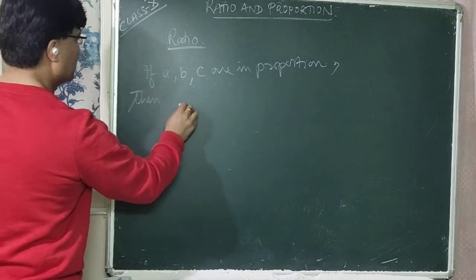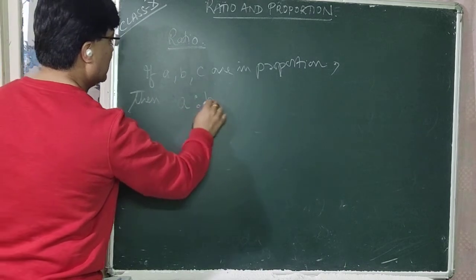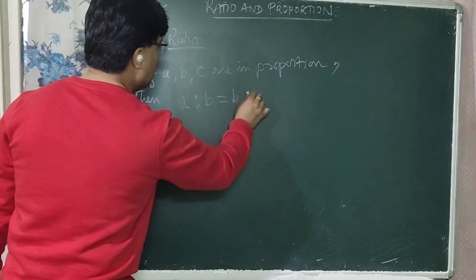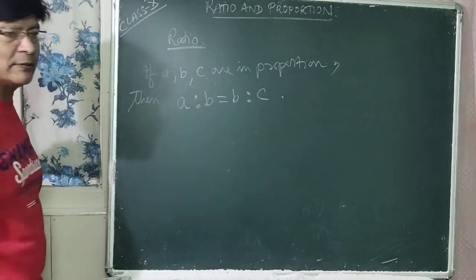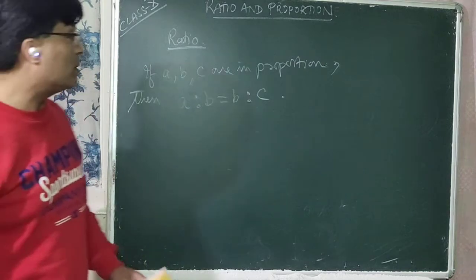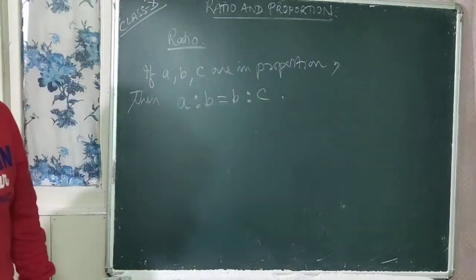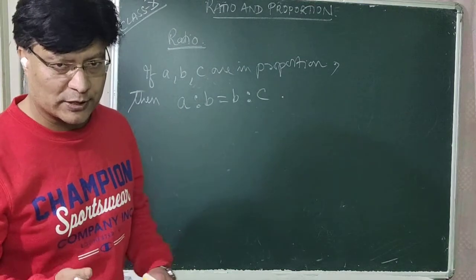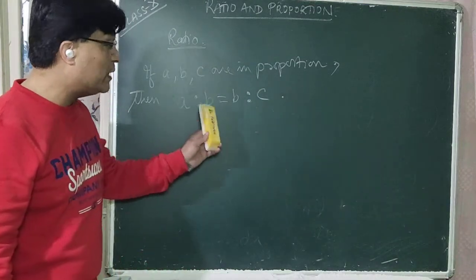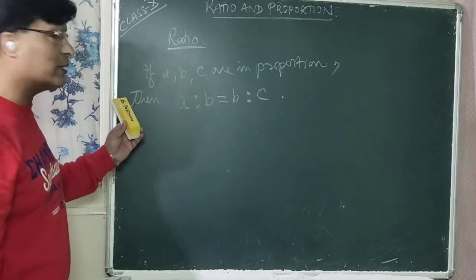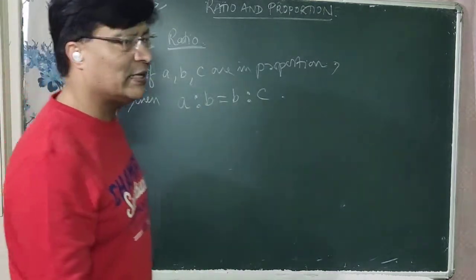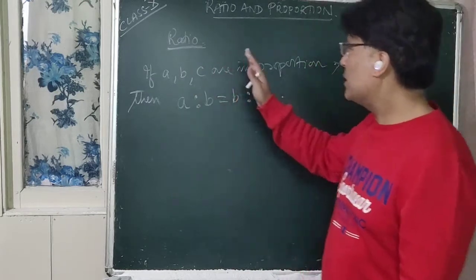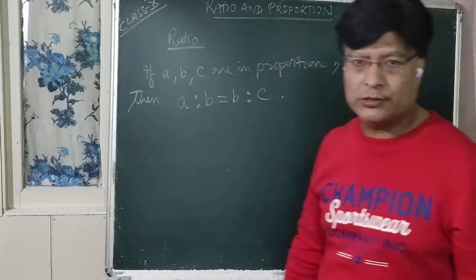Then you can write down that A is to B is equal to, again you have to repeat the second term, that is B is to C. So if A, B, C are in proportion, then A is to B is equal to B is to C, or vice versa. That is, if A is to B is equal to B is to C, then A, B, C are in proportion. So these are all about ratio and proportions, right?